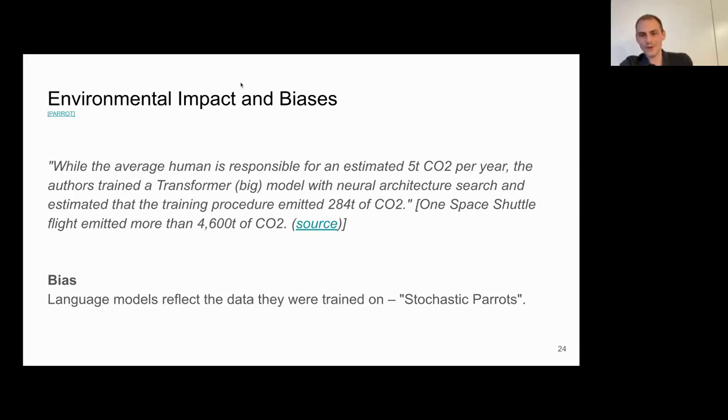I added for comparison that a space shuttle launch emitted like 4,600 tons of CO2. So I think it's important to be aware of these numbers, and then how to decide based on them. This is a question of values, in my opinion. This is a question of whether we say research, which these language models are, or the space shuttle is worth it for us to do that harm to the environment or not.